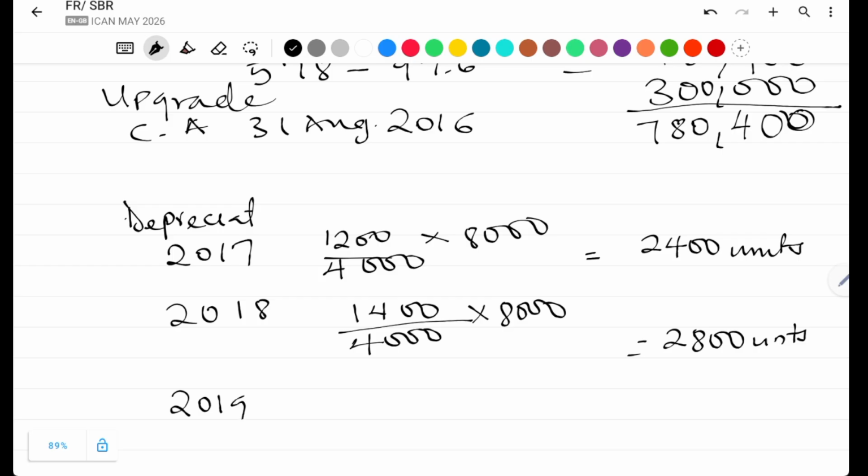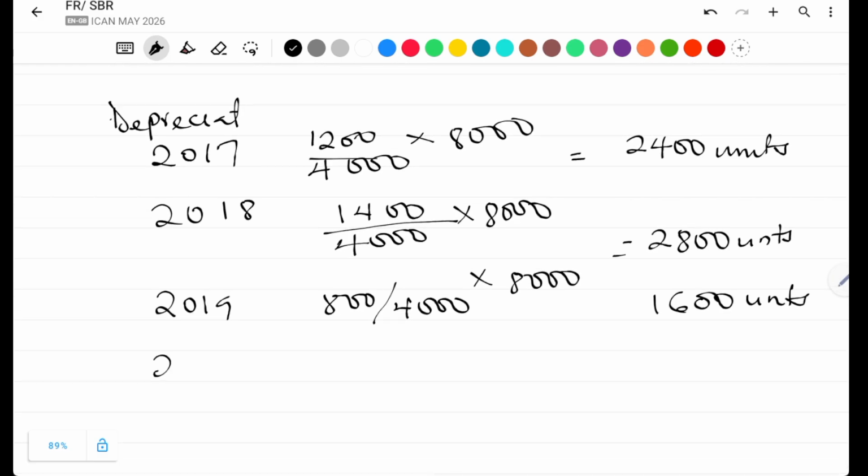So what do we have? We have 800 units divided by 4,000 units times 8,000, which is 1,600 units. Okay. For 2020, to know the number of units, we don't know because we don't have it, because the previous one never had it.